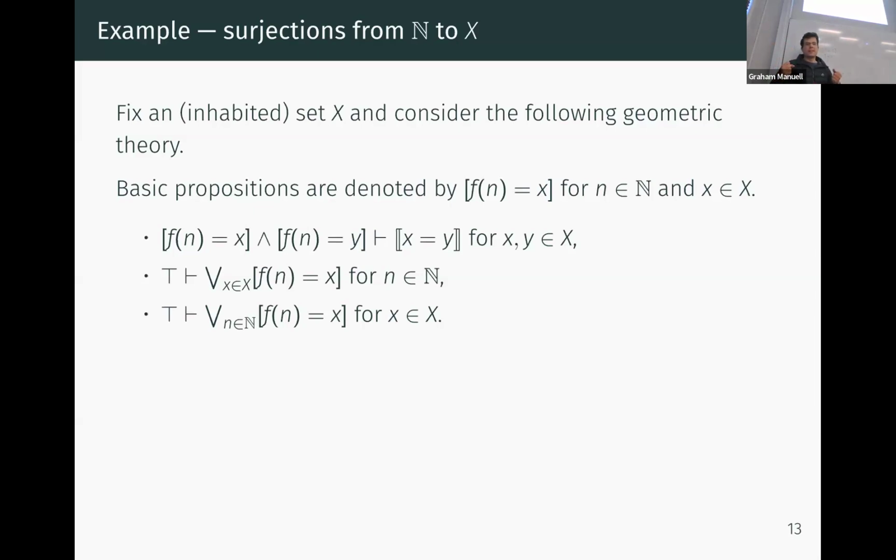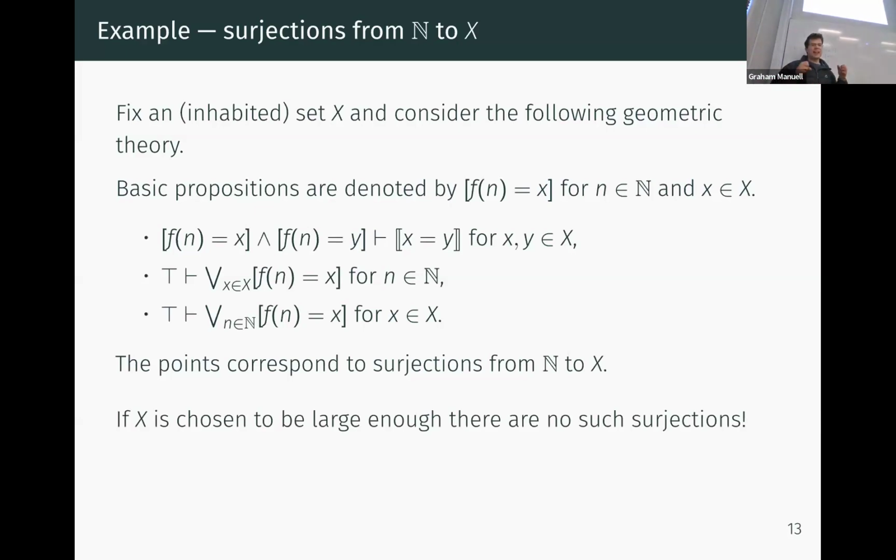So that's telling us that it must be left total as a relation: for any natural number, there must be something that it maps to. And the third axiom says that for any x, there must be an n that maps to it. So that's surjectivity. These are the axioms that give us surjective functions from N to X. So the points, you can check, are precisely surjections from N to X.